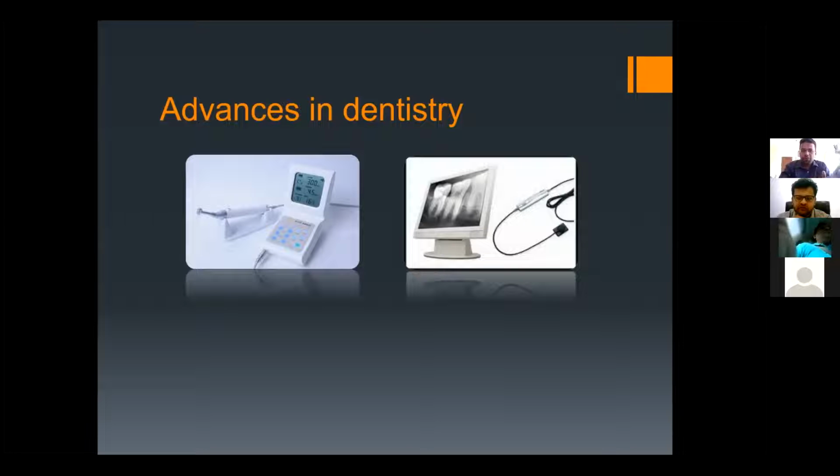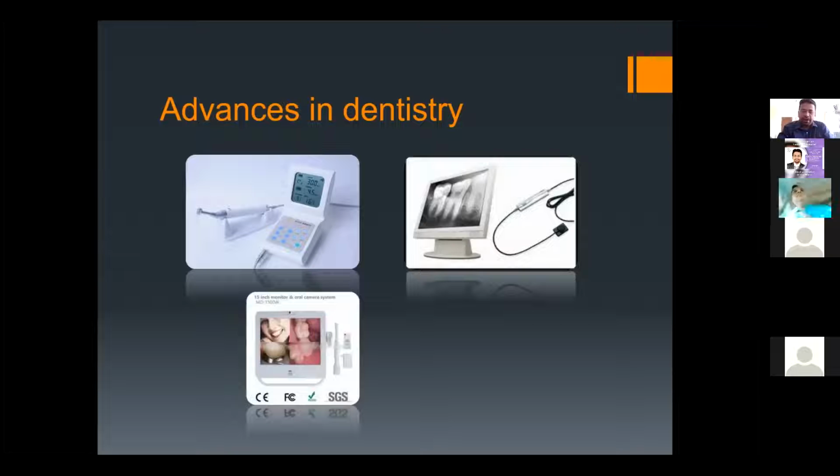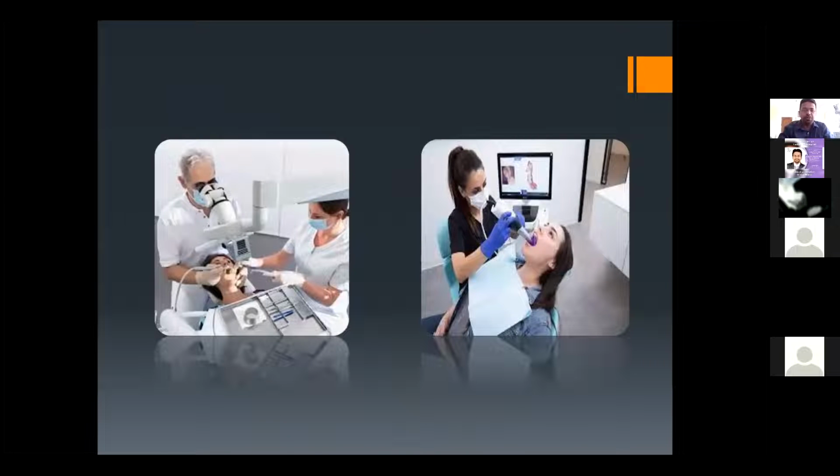Initially we used IOPA films, but nowadays we are using RVG, which is very easy to operate, and you get a good digital image. Then we have the intraoral camera, with which we can have accurate visualization of the oral cavity. Then we have the apex locator. So basically technology made our work easier. Then we have the intraoral scanner and endodontic microscope.